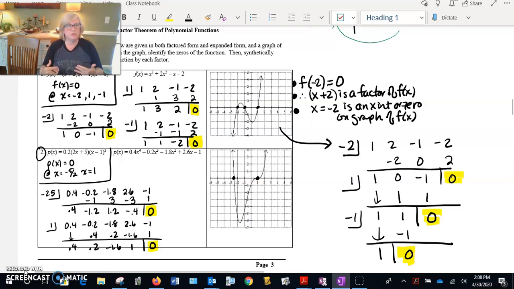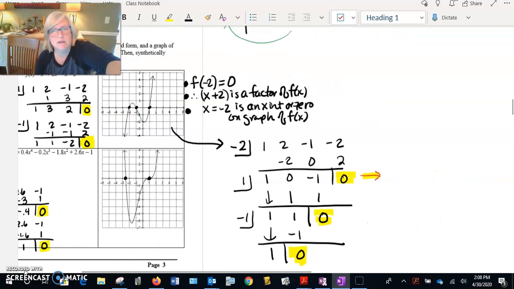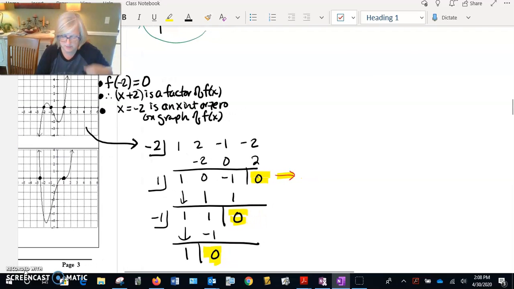We could keep doing this. We could drop out of synthetic division at each point in time. If I drop out right here, let me do this in red. If I drop out right here, then I know that my polynomial would be x plus 2 times x squared minus 1.